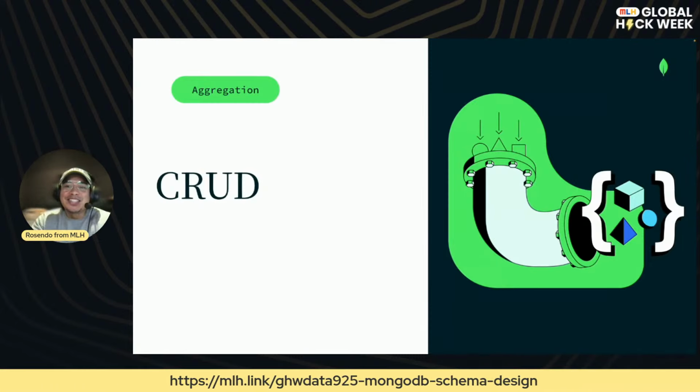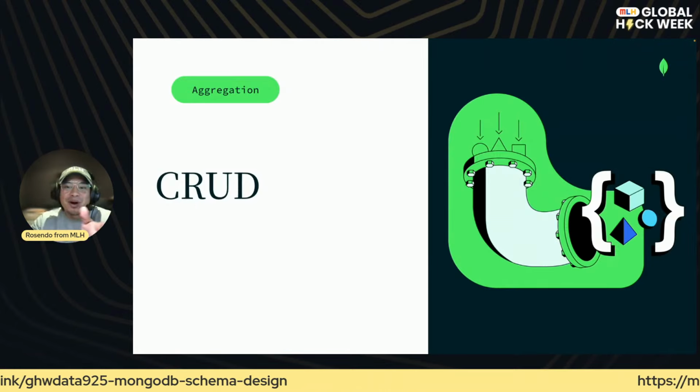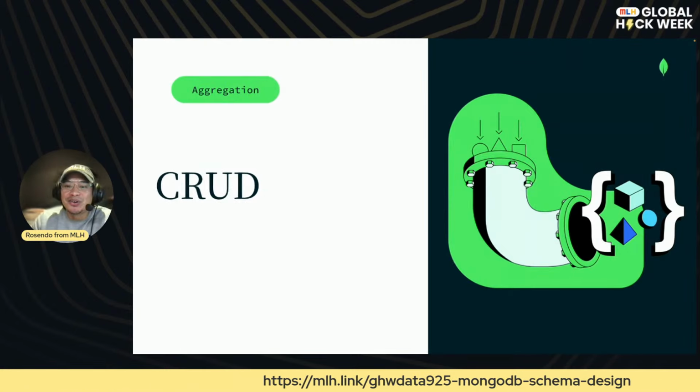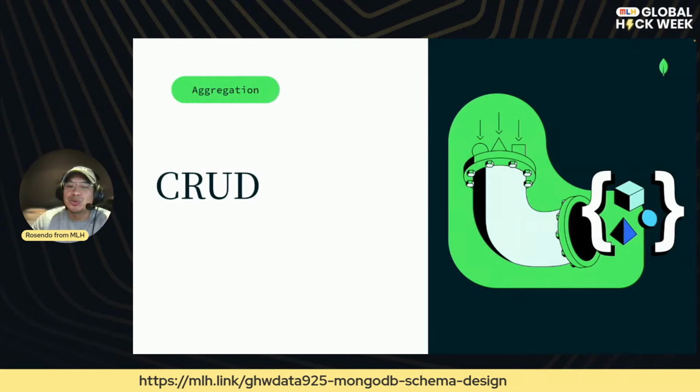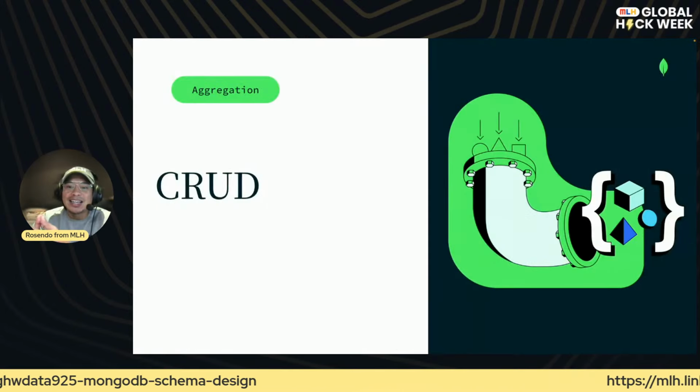So now that we've explored the document model, the heart of MongoDB, and what sets it apart from other databases, we're going to talk about some of the core functions or features, the things you would actually be doing with the database using MongoDB. A schema isn't static. It exists to serve a living, breathing application that people are using in real time.